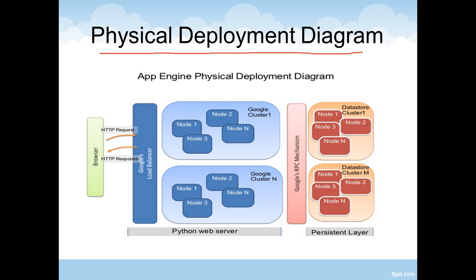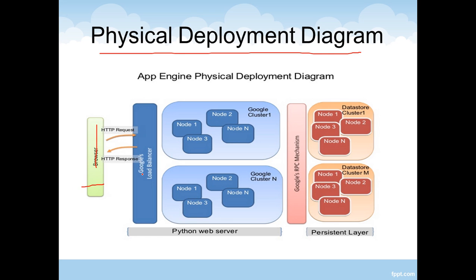Before understanding and working with Google App Engine, we should know the complete architecture of Google App Engine, how it is working. So we have a browser, that can be Chrome, Mozilla, Netscape, Opera or Internet Explorer. We create an HTTP request and it goes to Google's load balancer, which balances all the load from the different users.